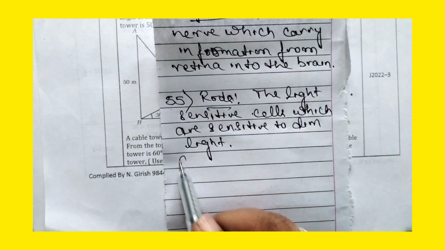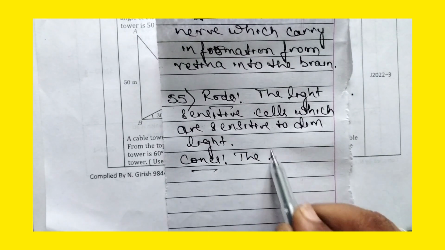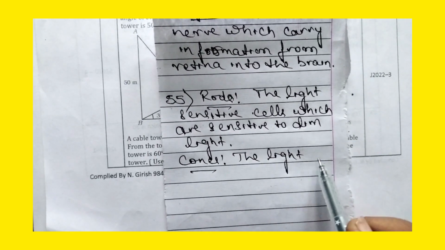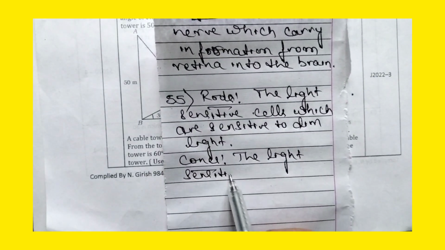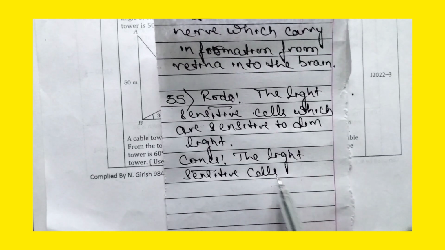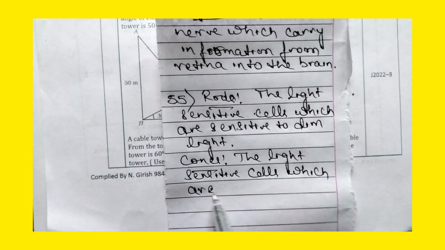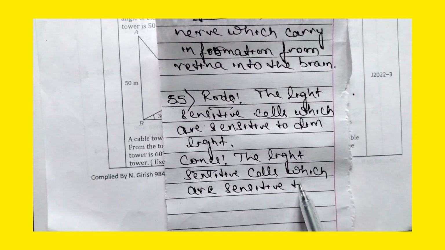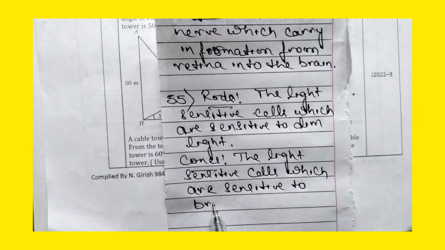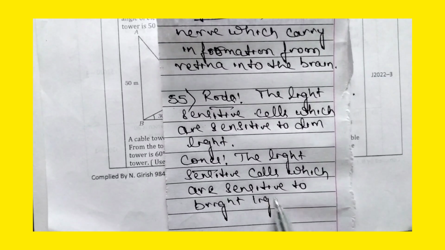Then what are cones? The light sensitive cells which are sensitive to bright light, they are called cones.